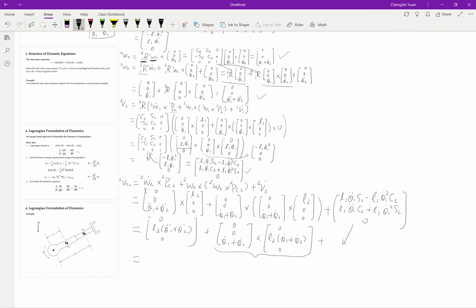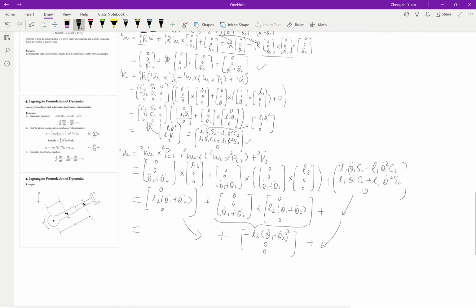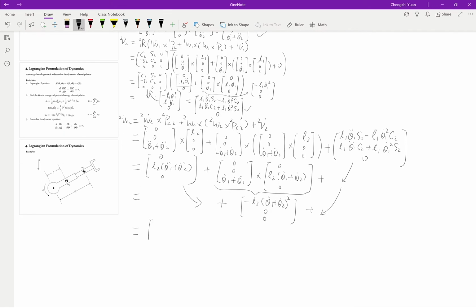It will be equal to negative L2 times theta 1 dot plus theta 2 dot squared, and 0, 0. Then plus this guy, and then plus this guy. Finally you end up with VC22 dot, the acceleration of the center of mass of the second link. It would be equal to what?